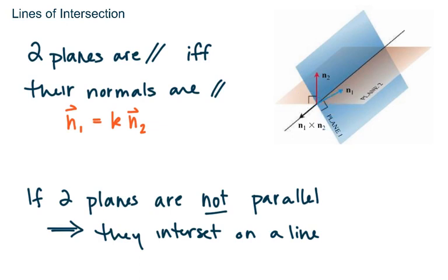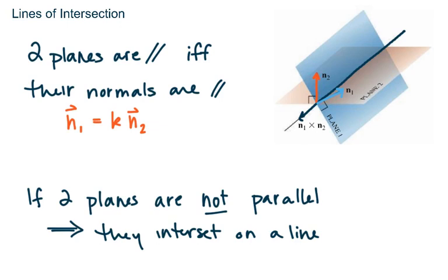So the line of intersection of these two planes is going to be perpendicular to both planes' normal vectors, n sub 1 and n sub 2. So what we're talking about when I say that is this line right here. The line of intersection I have just drawn is perpendicular to n sub 2, the normal vector to plane 2, and also perpendicular to n sub 1, the normal vector to plane 1.